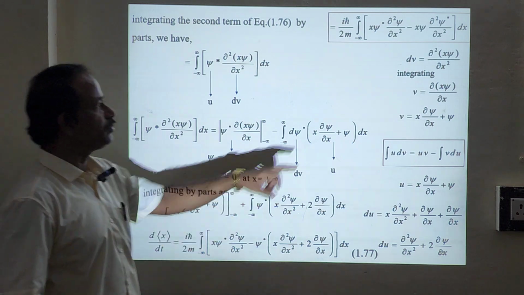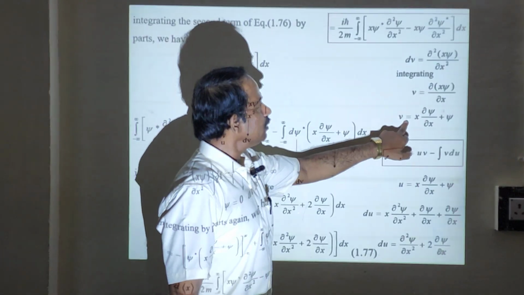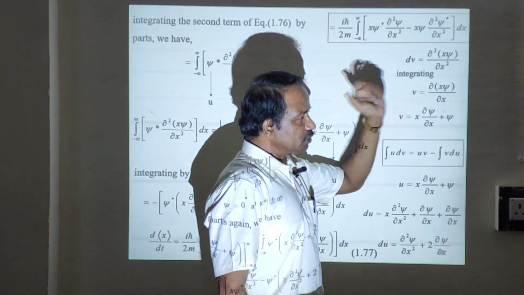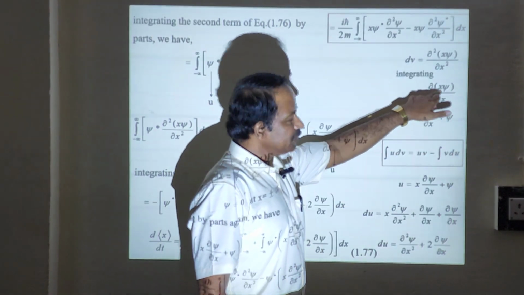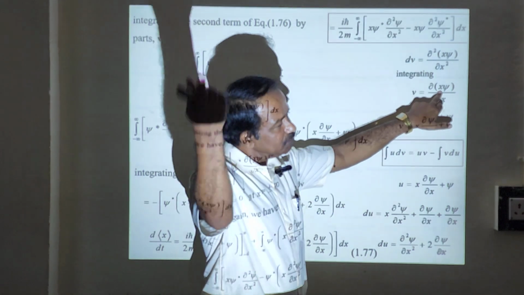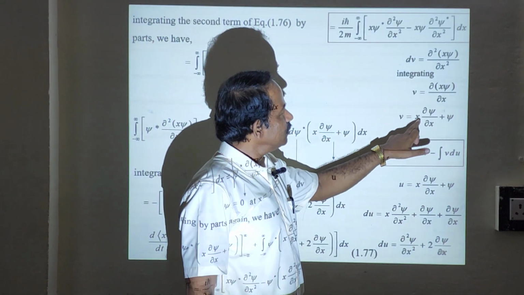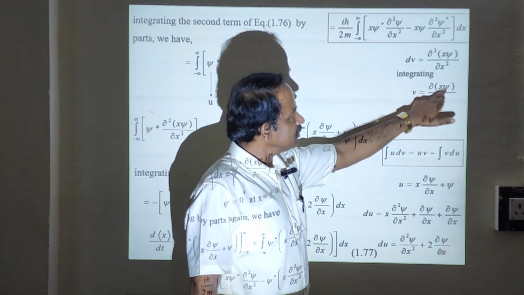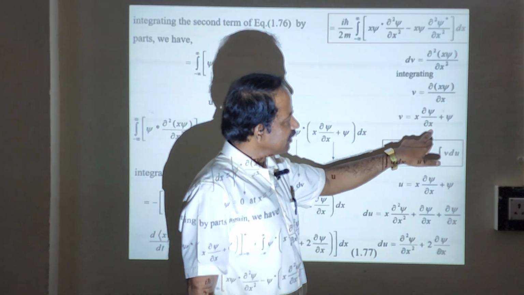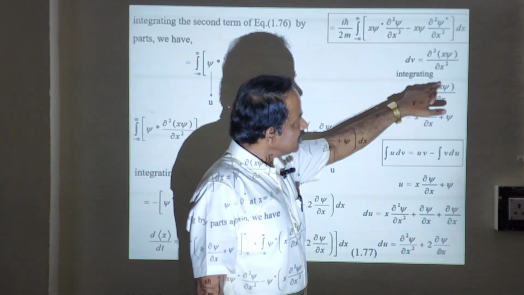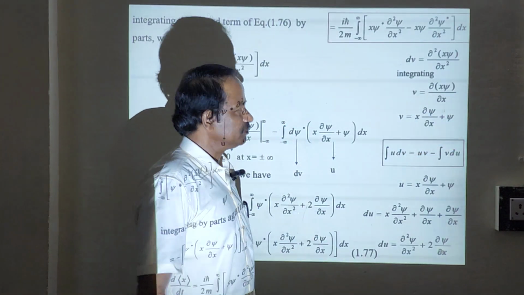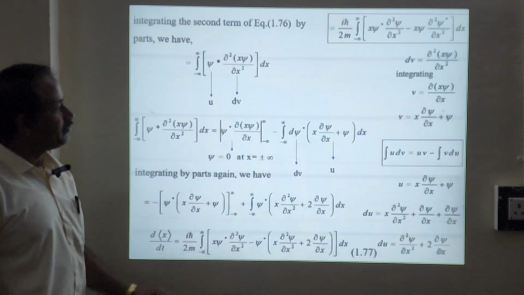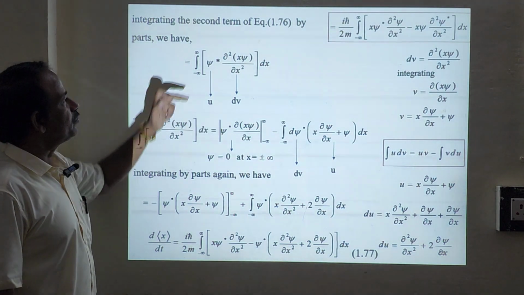Just integrate on both sides, you will get this one. Now x and y both are variables, so you have to differentiate with respect to x first time, keeping x as constant, then psi. Keep x as constant, you just differentiate this, that will give you d psi by dx. Keep y as constant, you differentiate with respect to x, so that will give you 1. So your v is obtained, so v is known.